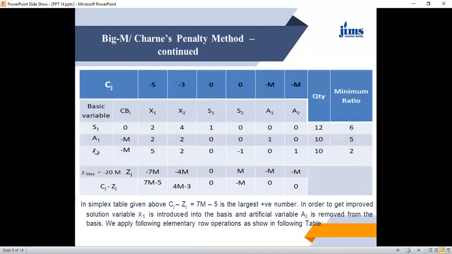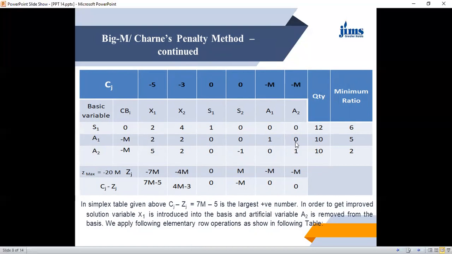Because A2 has been replaced, in artificial variables the beauty is that now you can delete A2 from all places. So you can delete this column also, because it has already served its purpose.